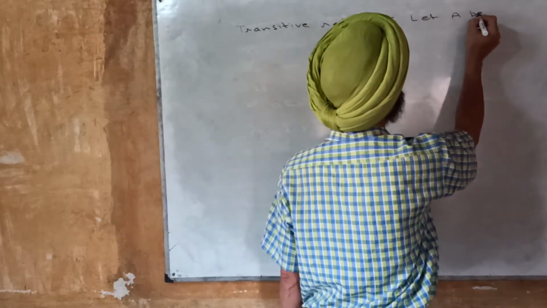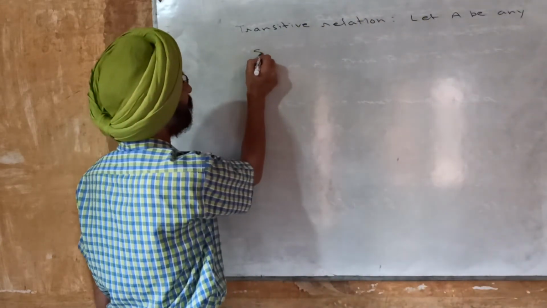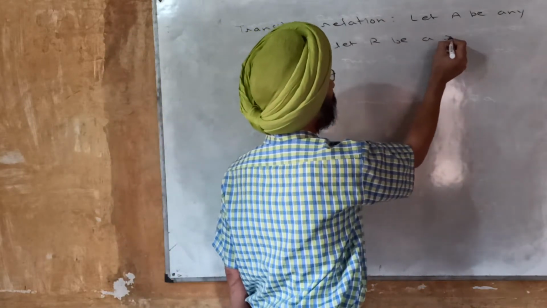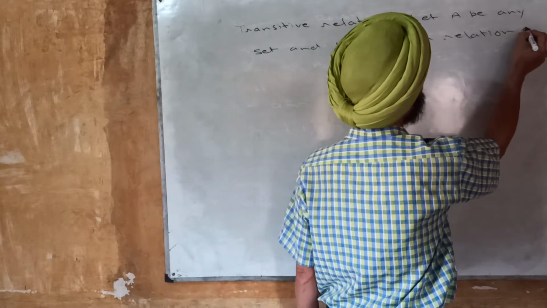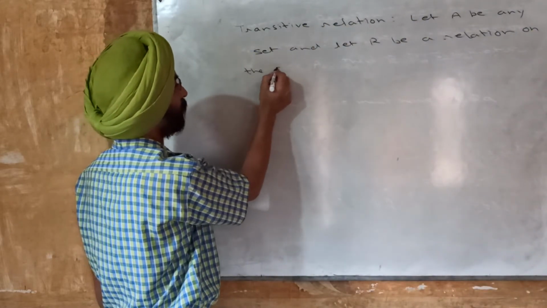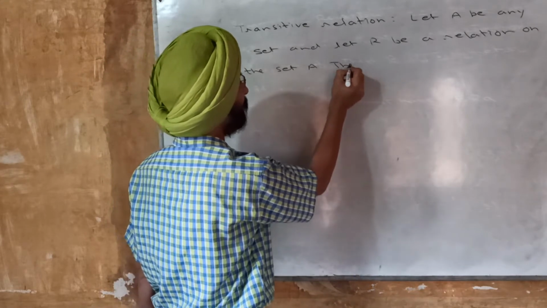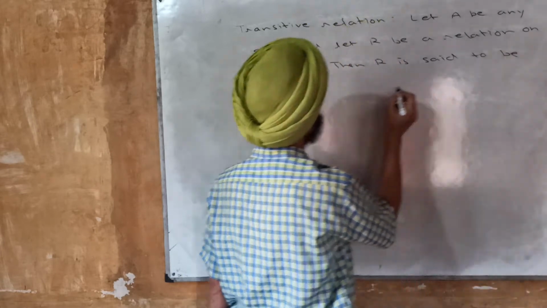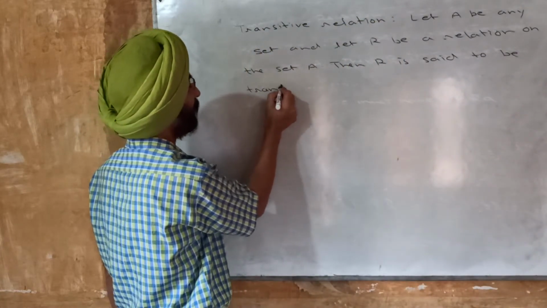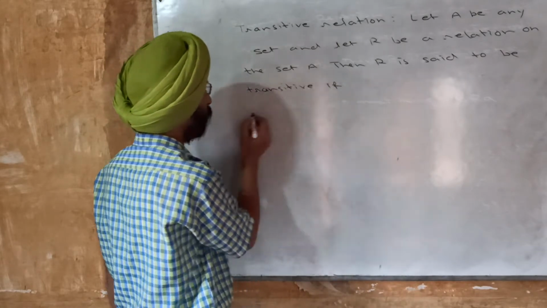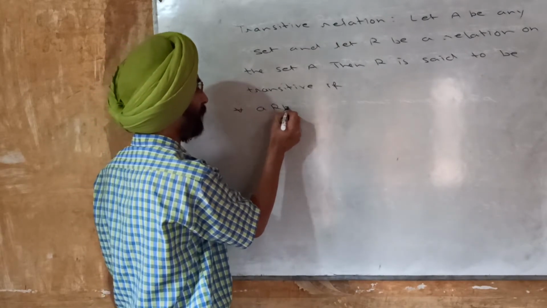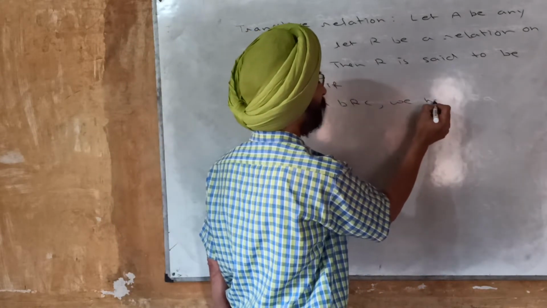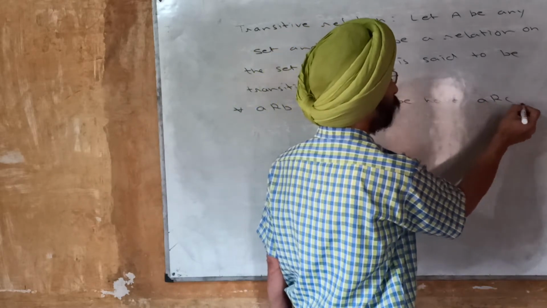Let A be any set and let R be a relation on the set A, then R is said to be transitive if for every A related to B and B related to C, we have A also related to C.